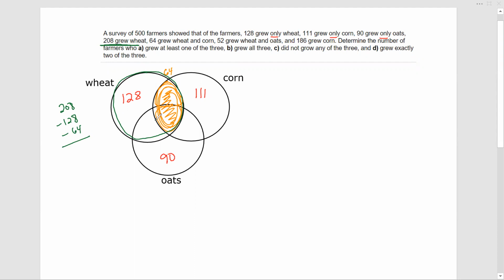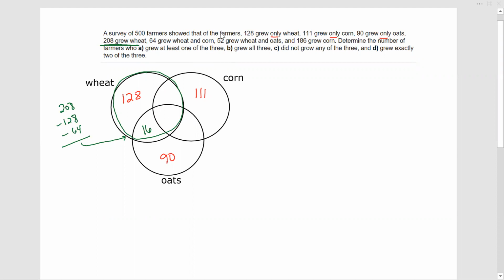So I'm going to go ahead and do that. If I do 208 minus 128 minus 64, that gives me 16. So we know that this area here is 16. Let me clear some of this shading here. And let's see what other information we can use.